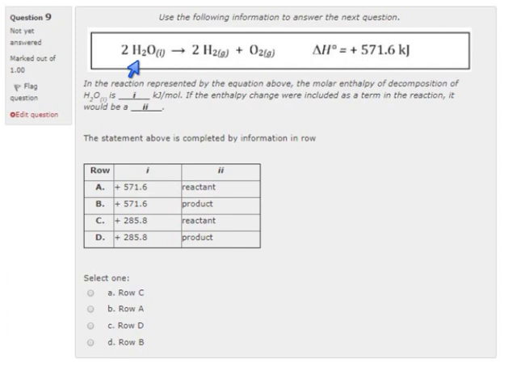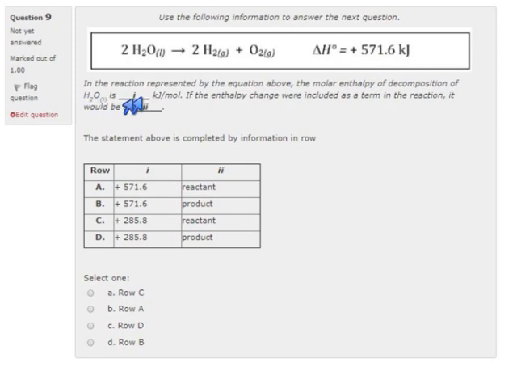Liquid water breaks down into hydrogen and oxygen if you put enough heat into it, or electric current. In the reaction represented above, the molar enthalpy of decomposition of H2O is, okay, this is the delta H for this reaction as it's written. But this reaction assumes that you're starting with 2 moles of water and getting 571.6 kilojoules.